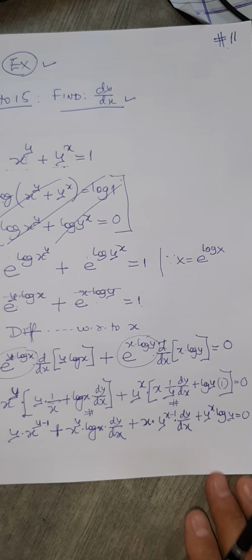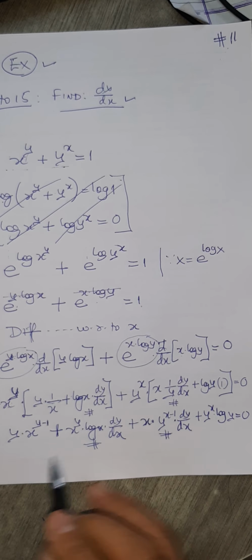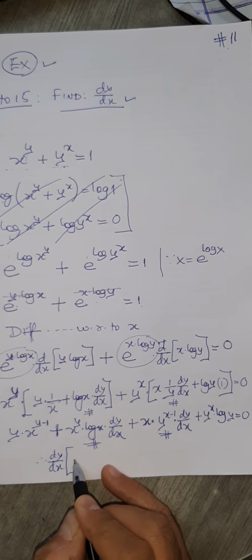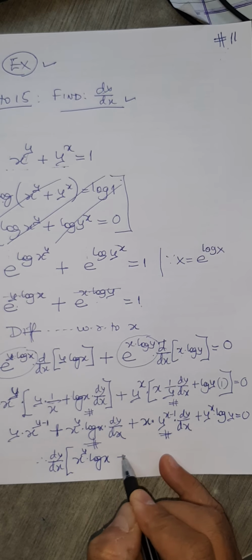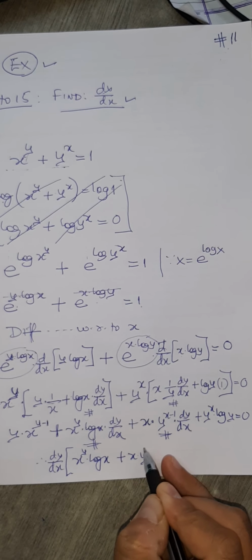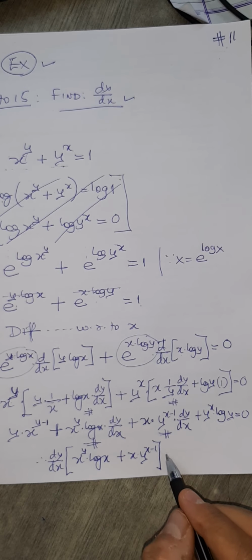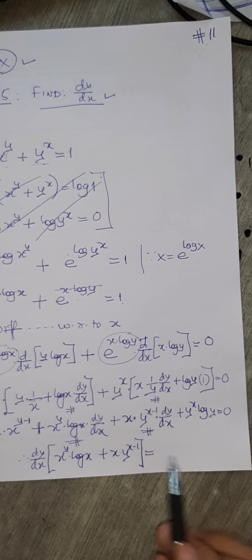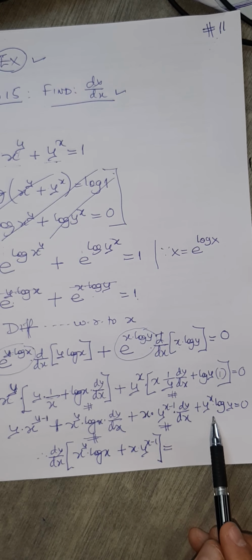Okay, now what we do, we collect all the terms with dy by dx in one bracket. Take this much common here. So I'm taking dy by dx common. So what will we get inside the bracket? x raised to y into log x plus x into y raised to x minus 1 equals to, this term and this term are free from dy by dx.